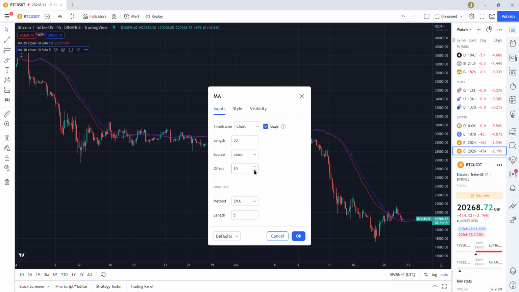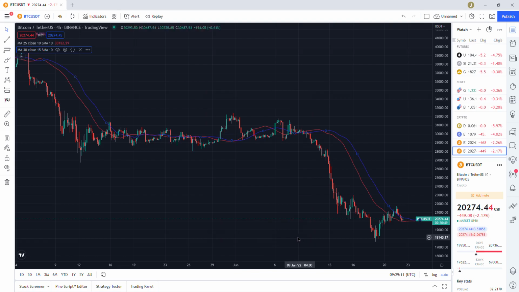Make this offset 10, or we'll just make it 15 to give more difference from the other one. Then this line should be 10 as well. So what we just did to the other one, change this to 30, change this to 15, keep the length of the simple moving average, it does not matter. That's for smoothing. Then we hit the OK icon.